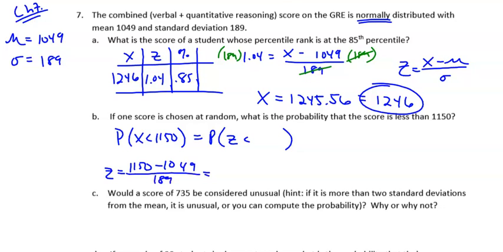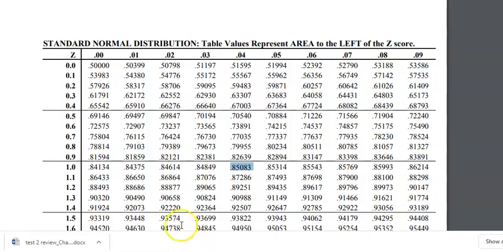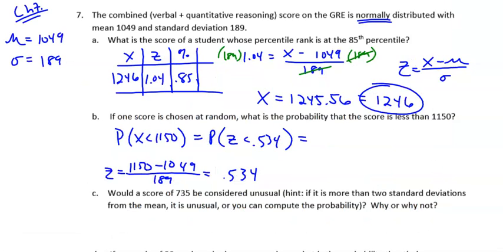I get a z-score of 0.534. Then I go through my chart. This is one where I don't have to worry about doing the 1 minus thing because it's a less than. For z-score 0.534, 0.53 is the best I can do, and there's my probability, 0.70194, about 0.701.